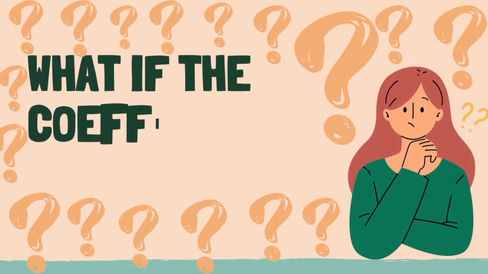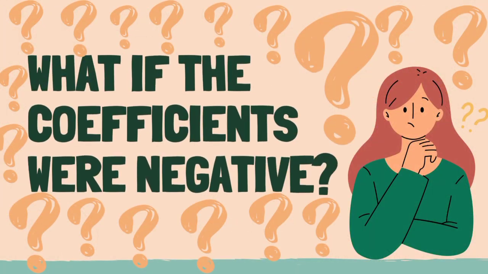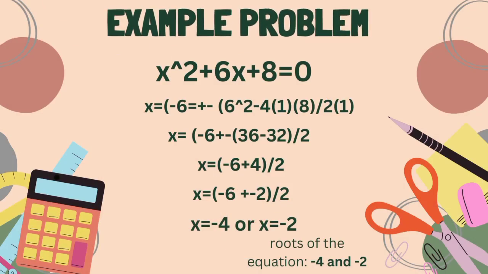But what if the coefficients were negative? Well, that would change the situation completely. So suppose we have the quadratic equation x squared plus 6x plus 8 is equal to 0.